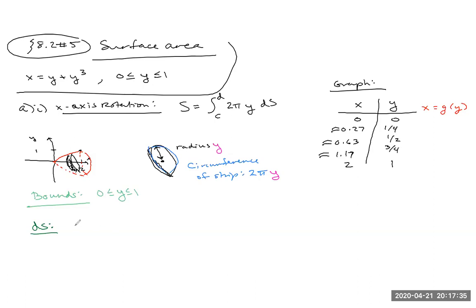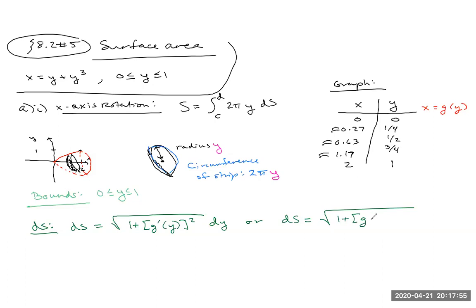Remember ds, you're either going to have ds equaling square root of 1 plus g prime of y squared dy, or ds equaling square root of 1 plus f prime of x squared dx. This is kind of your hint of which one you should use. We have our bounds in terms of y, so we're going to want to use the one with dy. Let me save that.